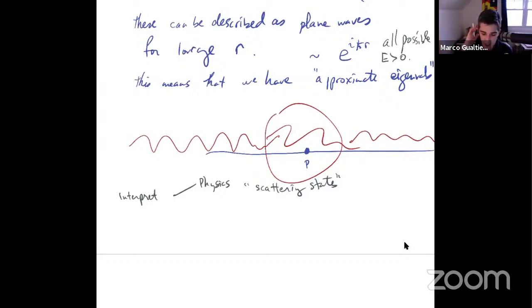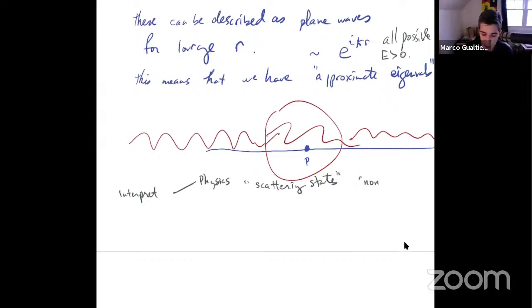Okay, and the problem is that these states are so-called non-normalizable, which means that they're not in the Hilbert space. So from a mathematician's point of view, it's like saying, well, okay, that's a little odd.